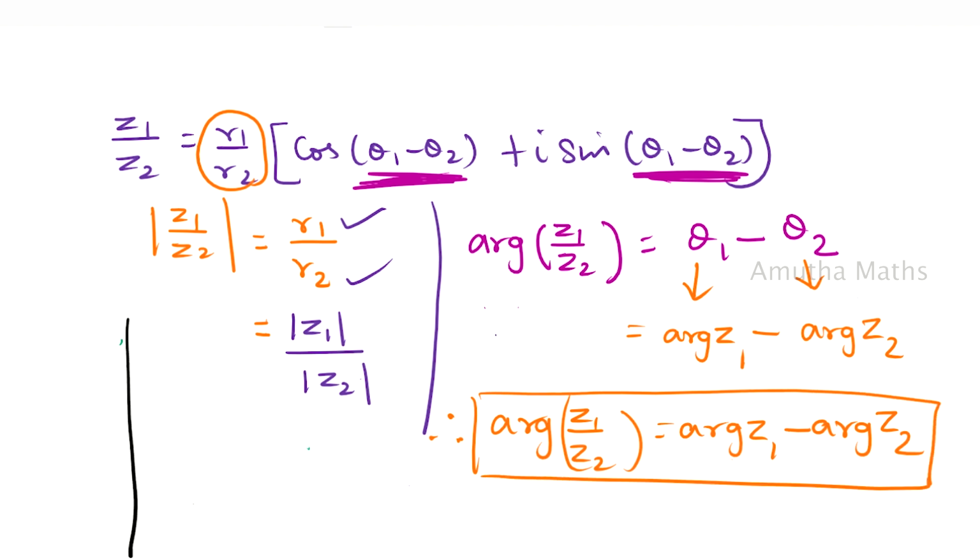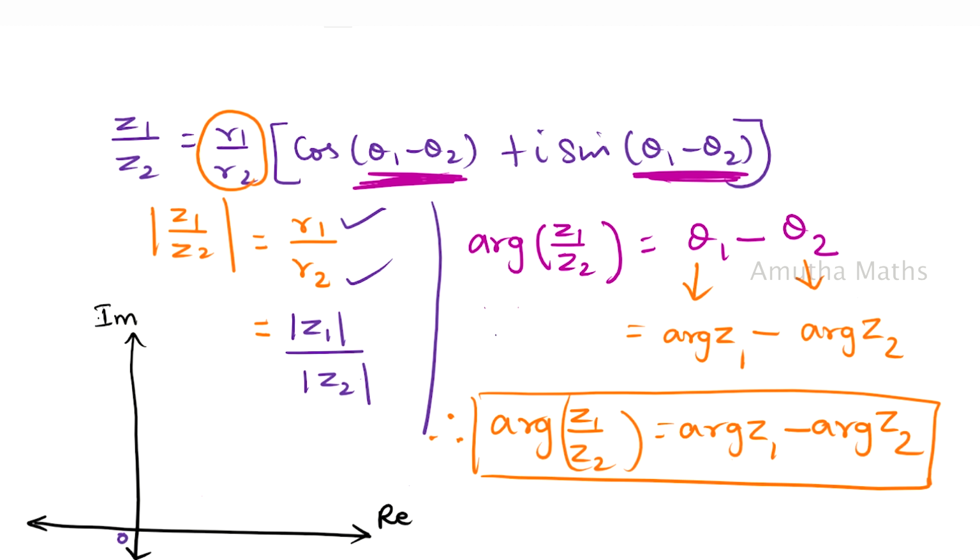Now we shall see the diagrammatic representation. Okay. So this is the real axis and this is the imaginary axis. Let O be the origin. Let Z1 be the complex number which makes an angle theta 1 with the positive side of the x-axis and its distance from the origin is R1.